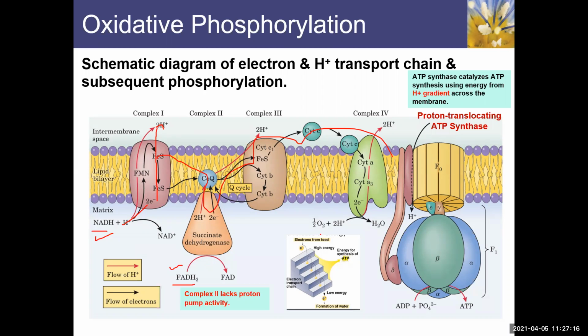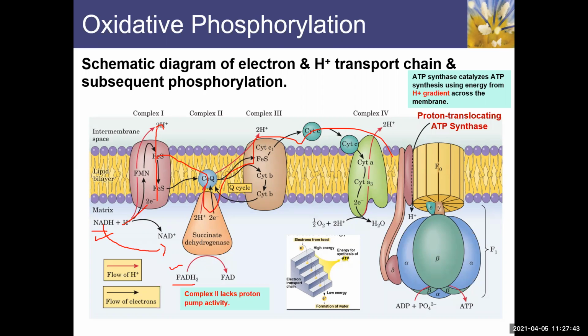Okay, so this is the basic aim of what is going to happen here, right? Now in step 1, NADH has the electrons as well as the protons. So this is my complex 1. It is going to oxidize this NADH, and as you can see over here, NAD positive is produced.